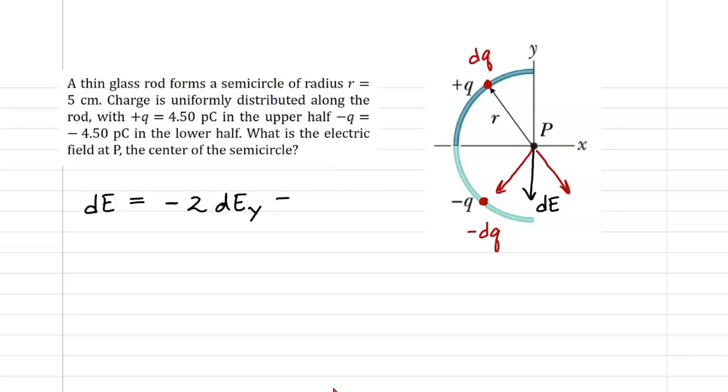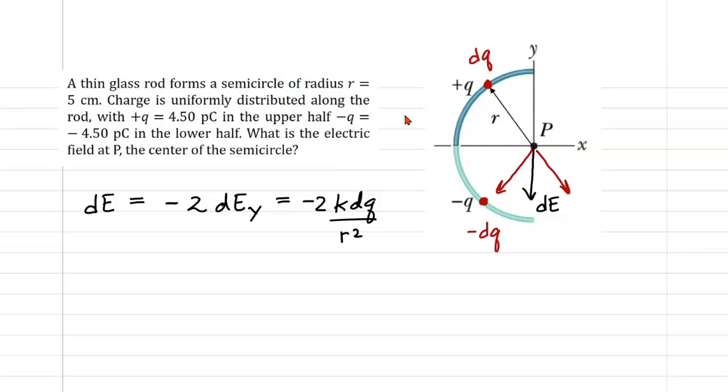Now, this consists of a magnitude times a sine or a cosine. So the magnitude, say we're looking at the plus dq, the magnitude is from Coulomb's law, which is k dq over the distance squared. In this case, it's r squared.